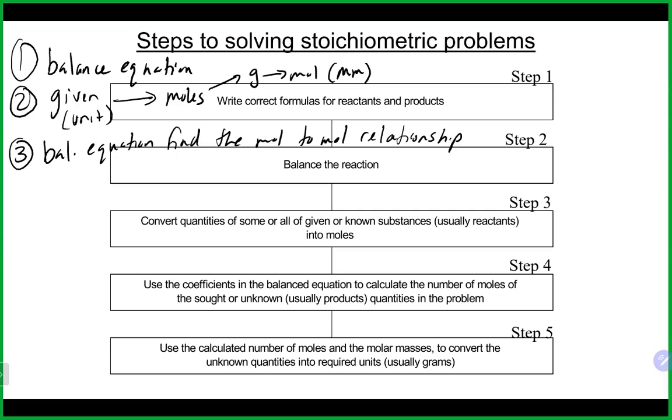So what would be the mole to mole relationship you're interested in? Well, the first thing you're interested in is whatever they gave you. So that's one thing you want to find in the equation. The other thing you're interested in is what you're trying to find. So those are the two things you want to try to find when you look at the equation.